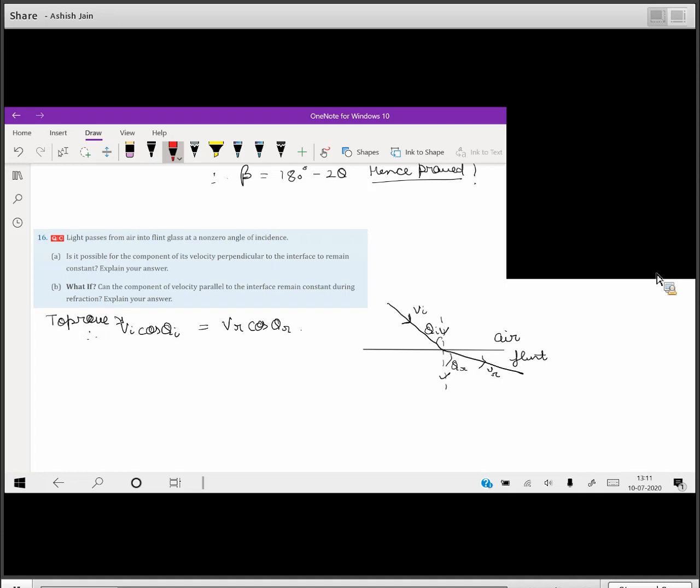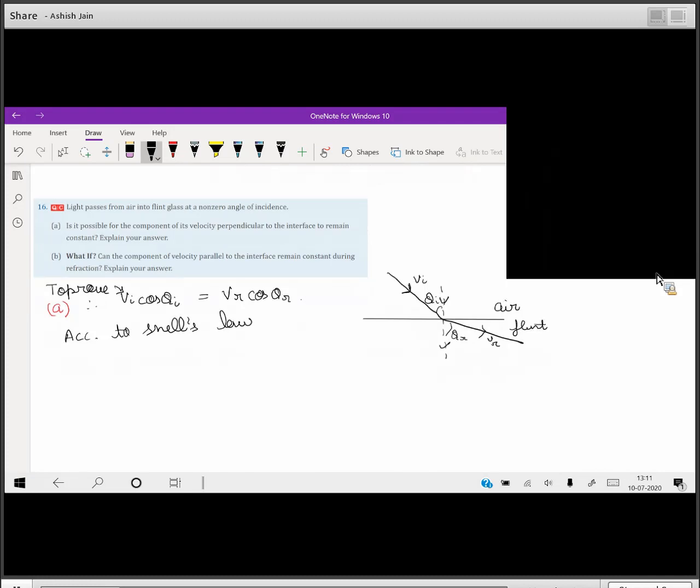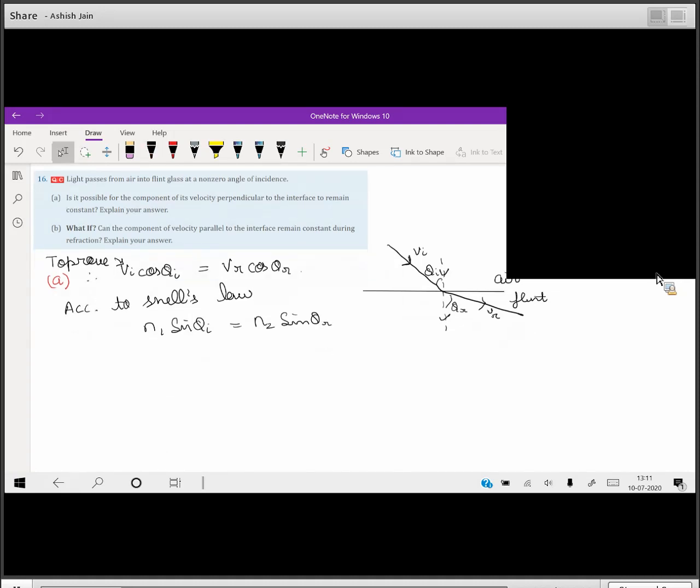Therefore, according to Snell's law, n1 sine theta i equals n2 sine theta r. n1 is 1.